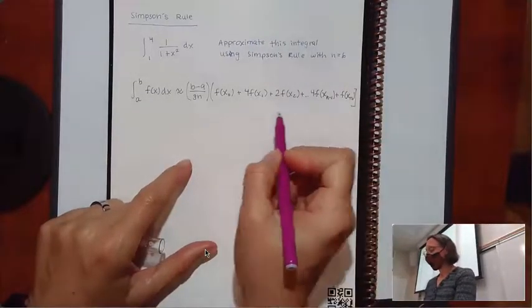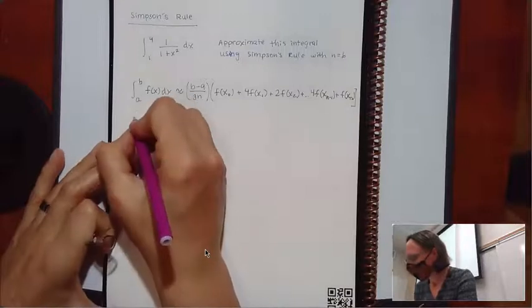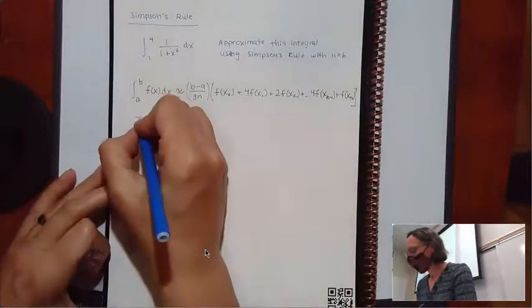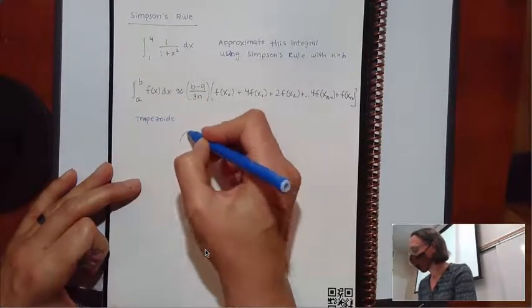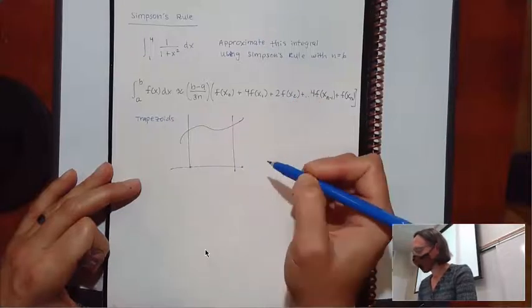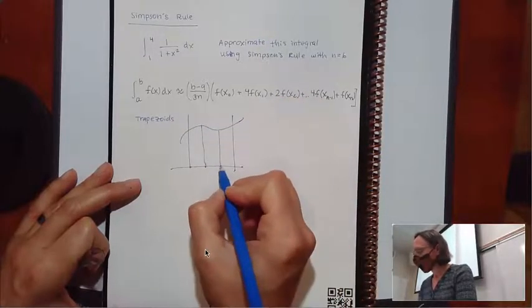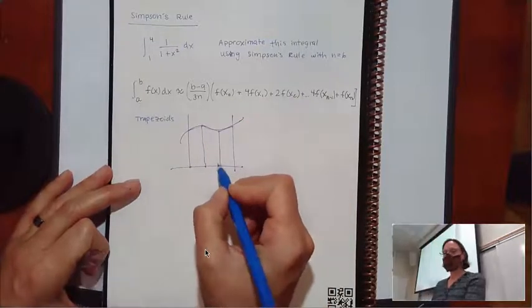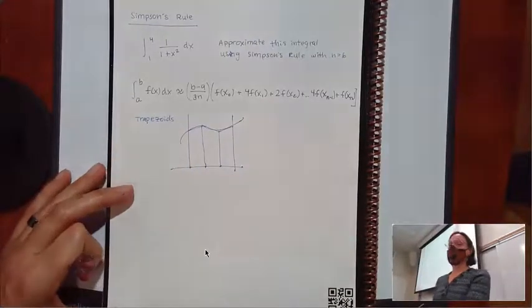I'll just go back in time for a second to our trapezoid rule. When we were looking at trapezoids and we had some curve and we were breaking it up, those interior points got used on 2 of the trapezoids, but the outside points only got used for 1 trapezoid.